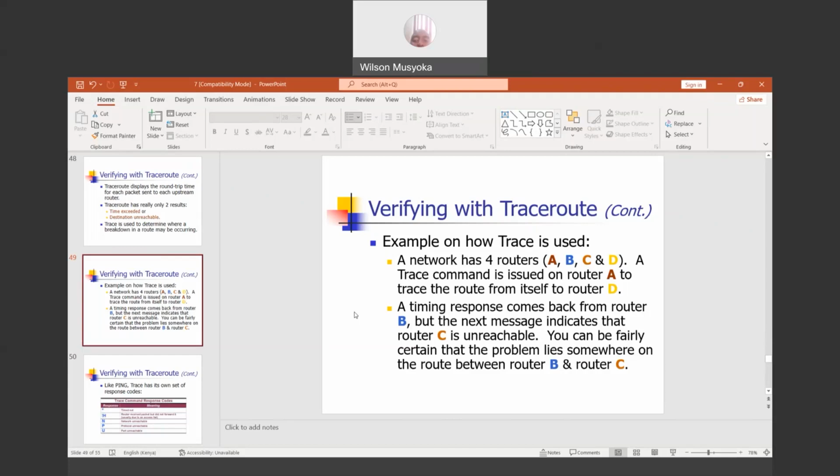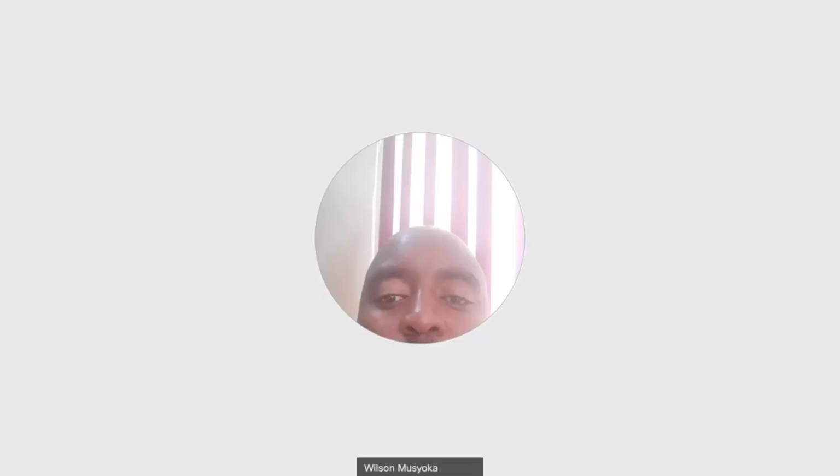For example, I can show this one practically. When you are doing it, you get into the command prompt.